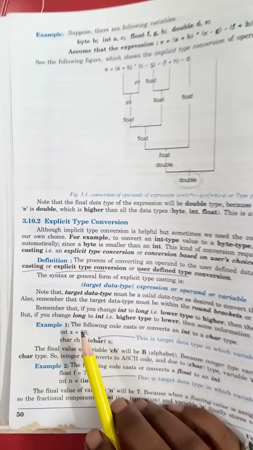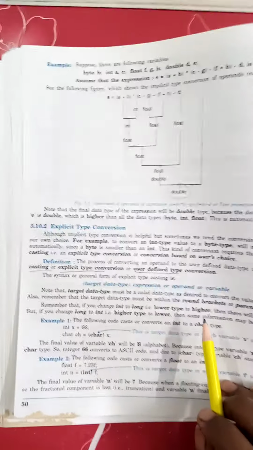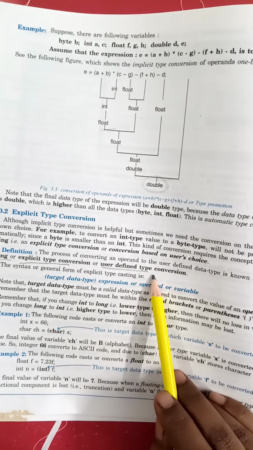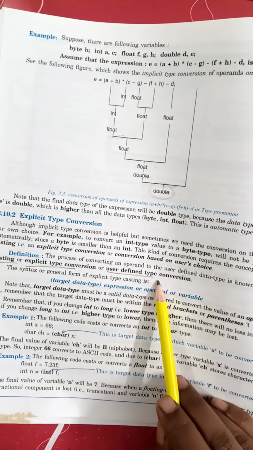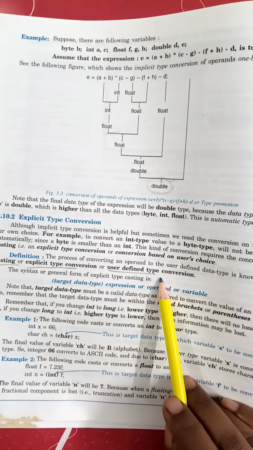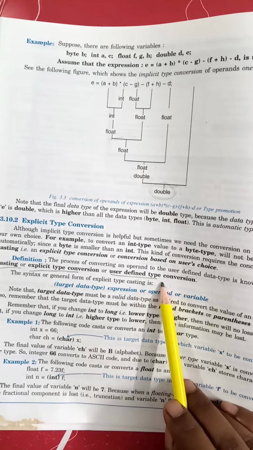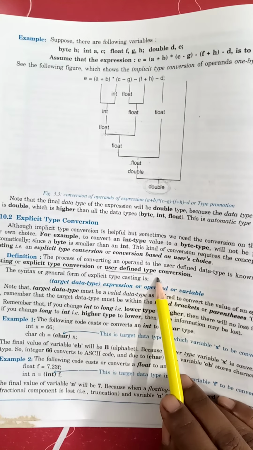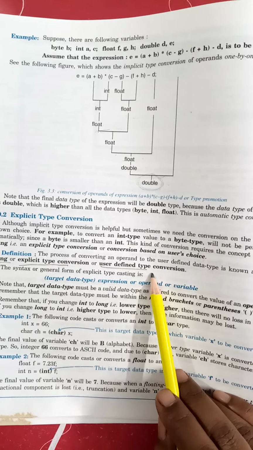Now explicit type conversion is performed by the user. This is user defined type conversion, also known as typecasting. Type conversion has two types, explicit and implicit. Remember, explicit type conversion is also known as typecasting or user defined type conversion.